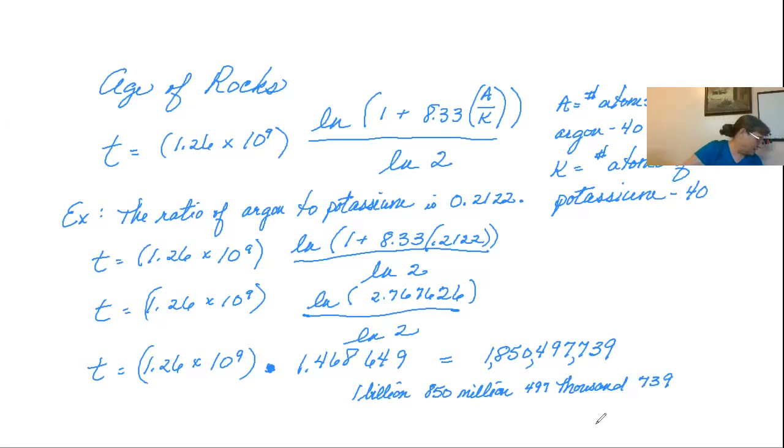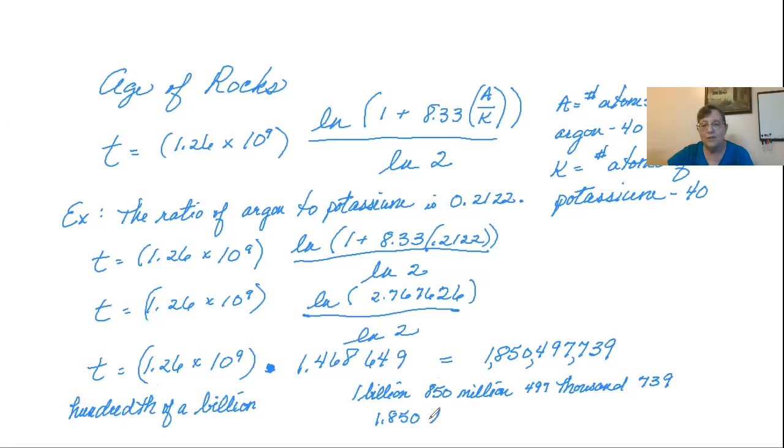But they're asking us to get the age to the nearest hundredth of a billion. So we've got 1 billion, or 1.850 billion, with lots of other decimals. The nearest hundredth of a billion would be 1.85 billion.